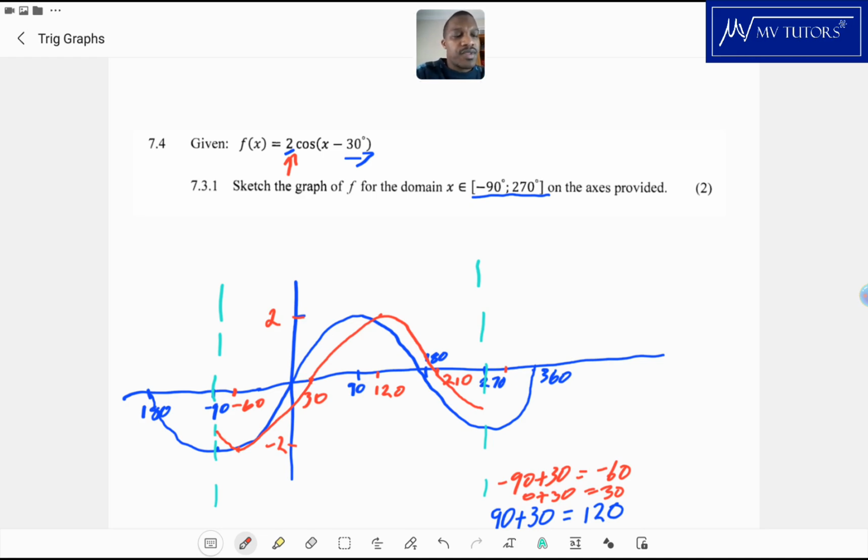That's it. That's our answer right there. Remember, you're only going to draw on a hard pencil the red graph, but you can use a light pencil to draw the blue graph. That's it.